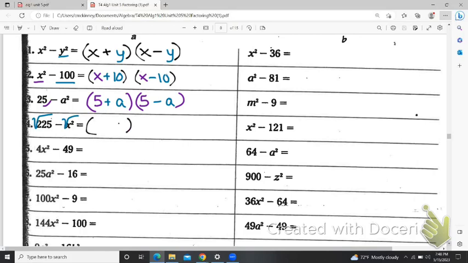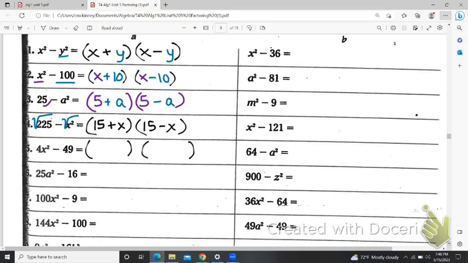So the square root of 225 might be a good one. You might use your calculator. It is 15. So I know both parentheses for the first term in each one is going to be 15, and then plus x and minus x. You might have to find the square root twice, like they may not be just an x squared.